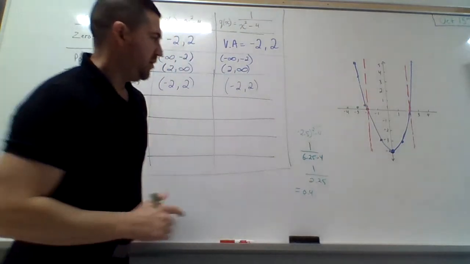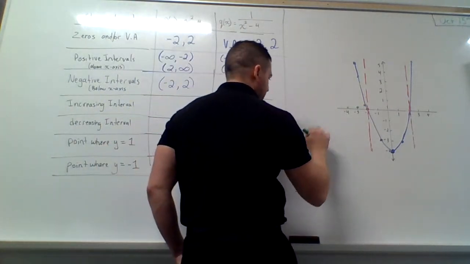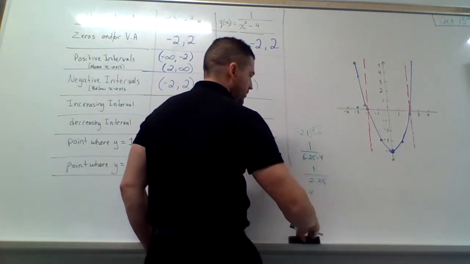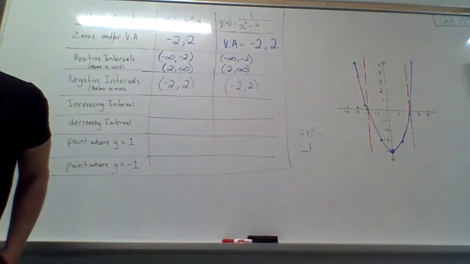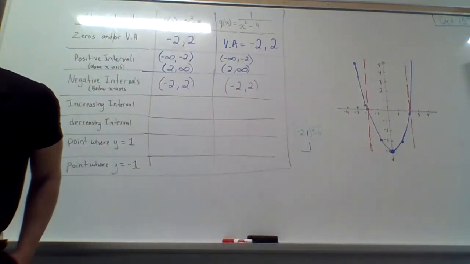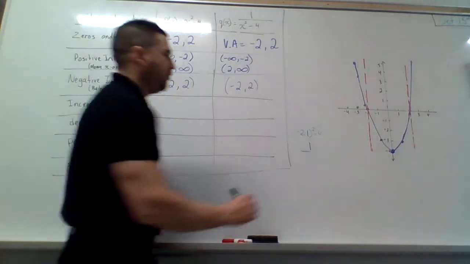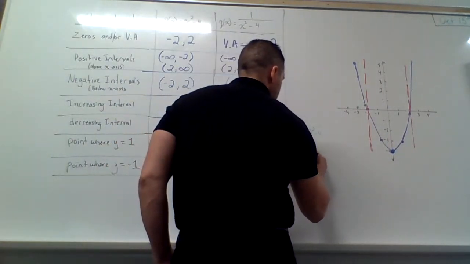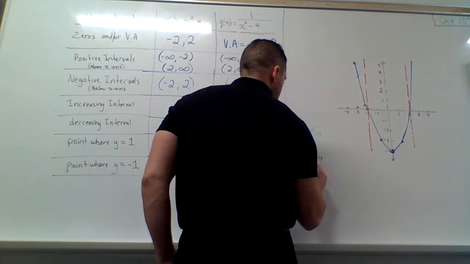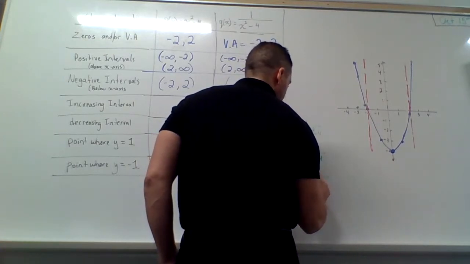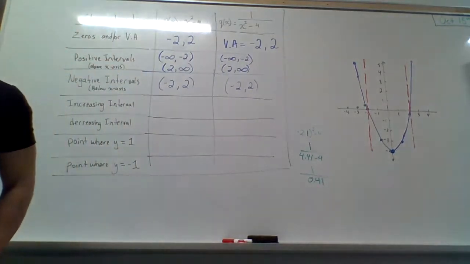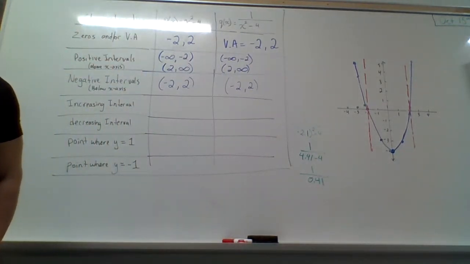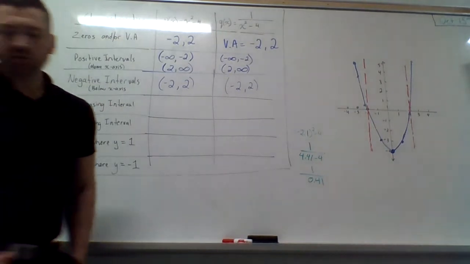Okay, what if I plug in -2.1? Let's see what happens. So -2.1 squared is 4.41, minus 4, you get 1/0.41. 1 divided by 0.41 is 2.4.